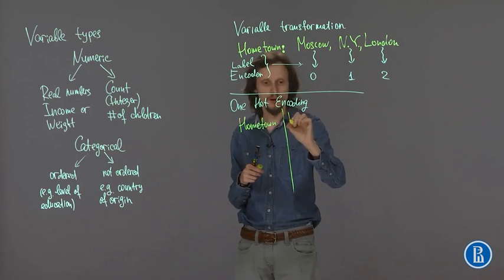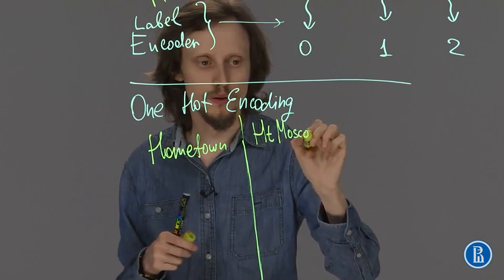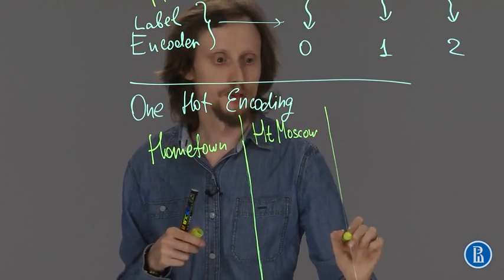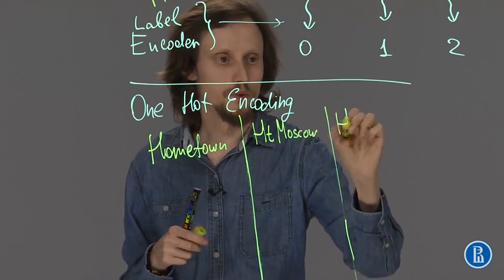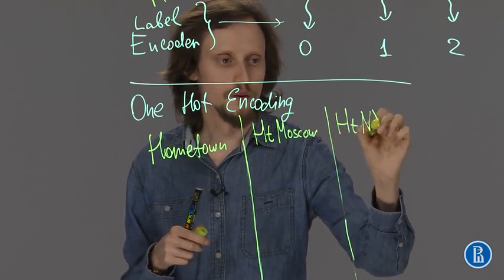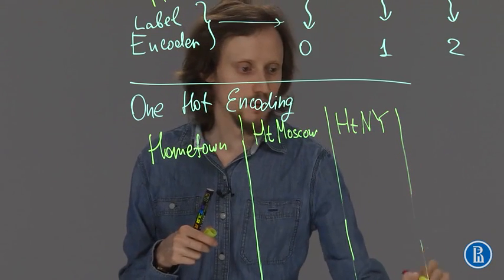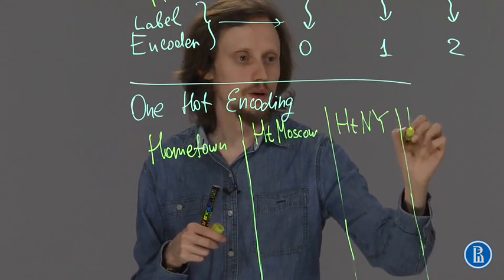First variable, hometown Moscow. Second variable, hometown New York. And the third variable is hometown London.